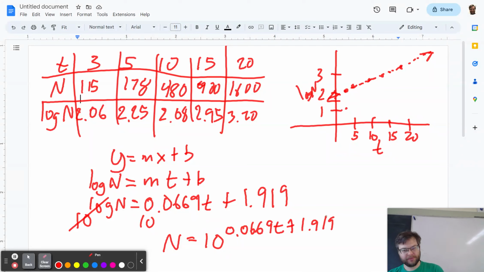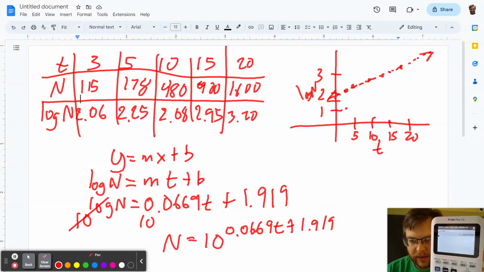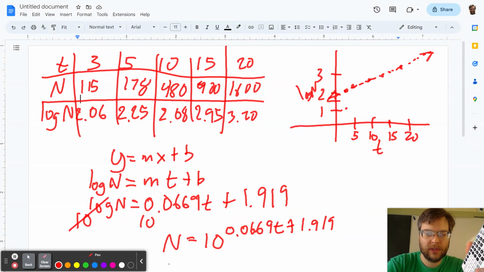Now you can simplify that by asking your calculator, what is 10 raised to the 0.0669? If you do that, you can see that number right there is the base of t. So n equals 1.1665 raised to the t.